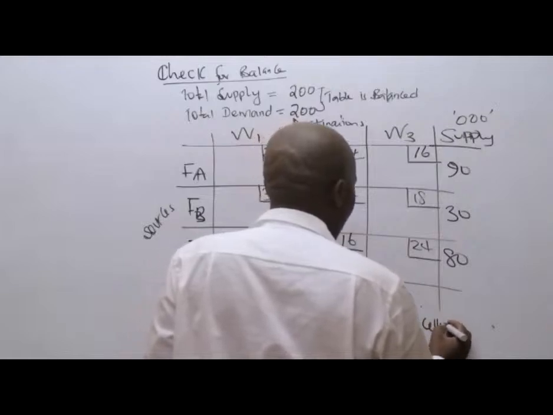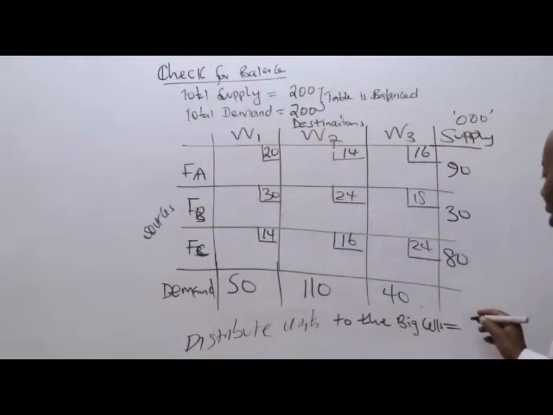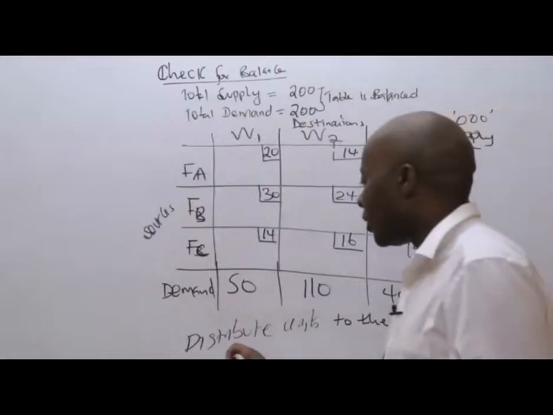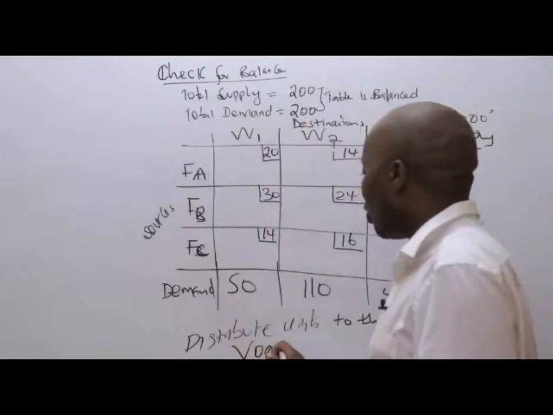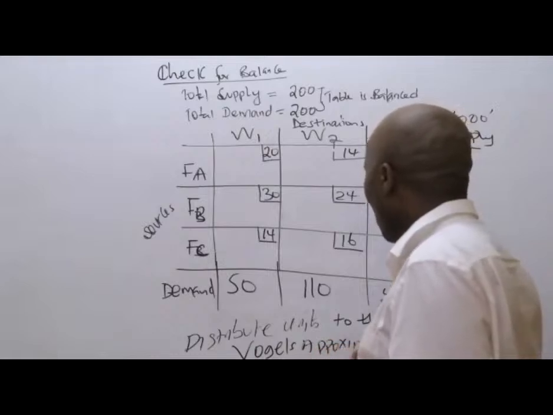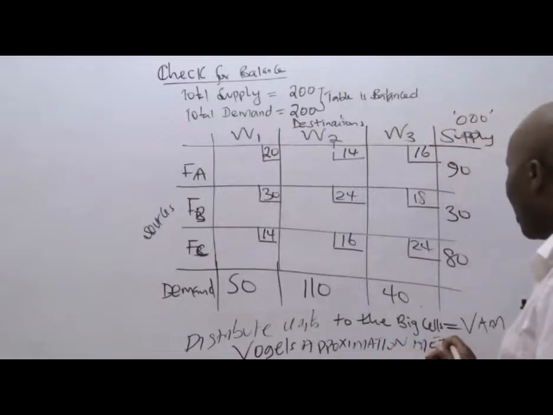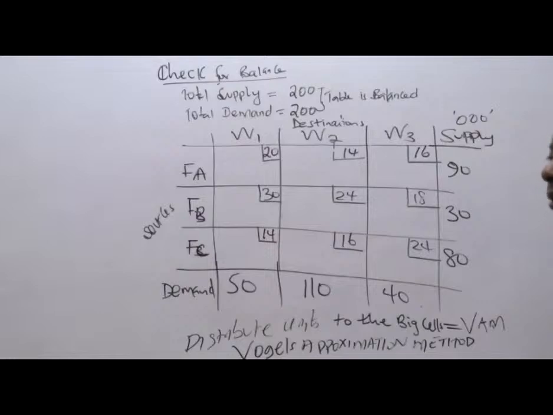Remember, in QA, for distribution of units to the big cells, we always use what we call the Vogel's approximation method.